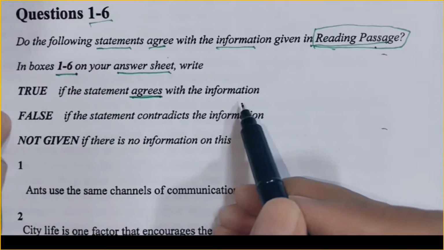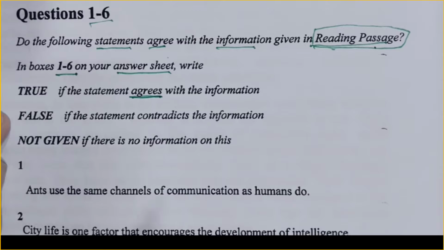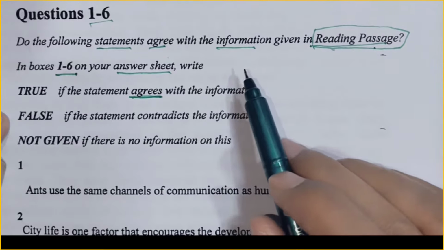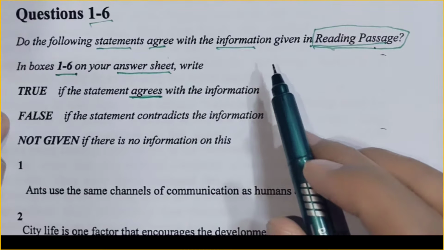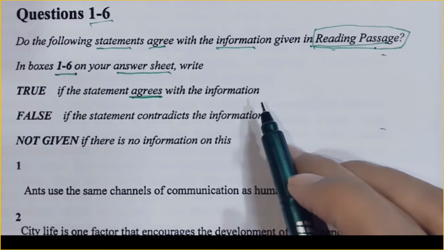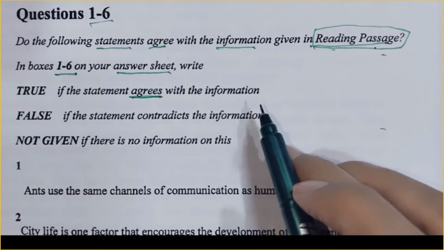Where is the information? The information is in the passage. We should not go for any type of information and knowledge that we already have. We should follow the question, then go back to the passage, and locate the area of answer.